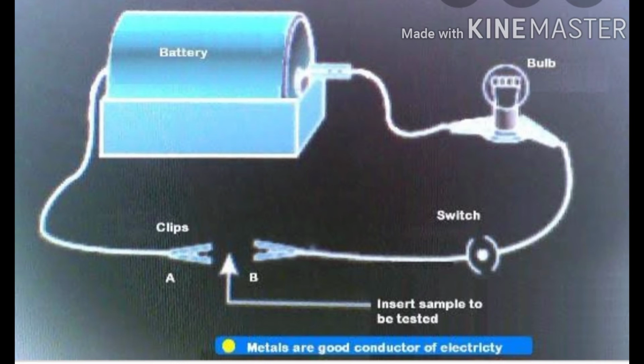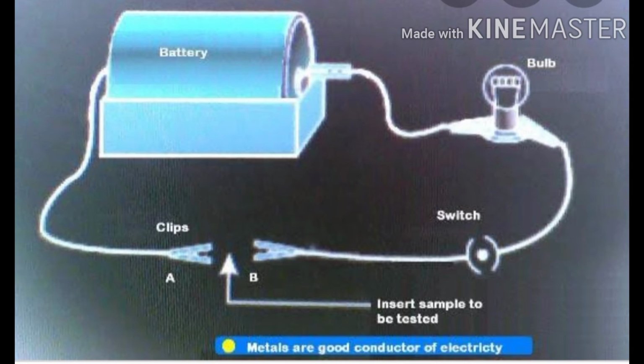When we place the metal between the two terminals A and B, the bulb will glow. This is because metals are generally good conductors of electricity. They will carry the current and pass it on between the two terminals A and B, and in this case, the bulb will glow.